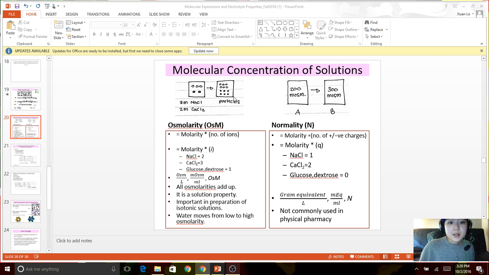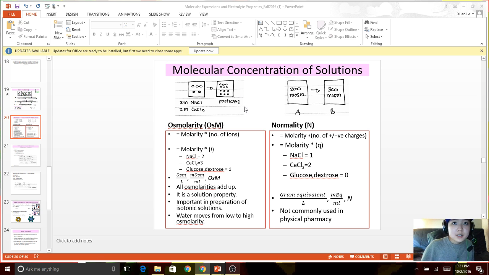So NaCl is going to contribute 2 particles to a solution, while calcium chloride is going to contribute 3 particles. So if we were to find the osmoles of this entire solution, we would get 6 particles of sodium chloride and then 6 particles of calcium chloride, which would just equal 12 osmoles, or 12 particles.